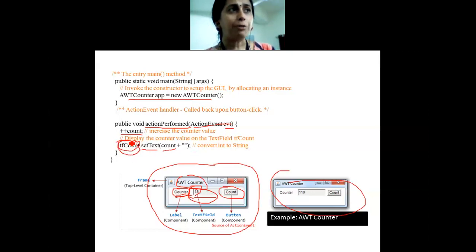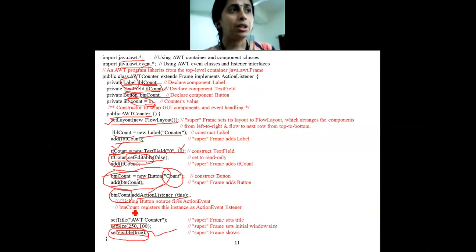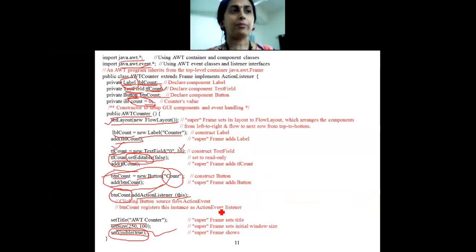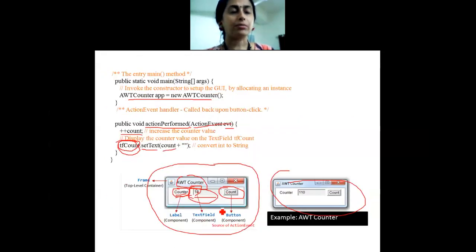Over here again you write TF count dot set text of count. It means whenever I move my cursor on the text field and keep hitting on it, it has to increment the counter. So whichever component you want, you can write the action listener. Any doubt in this?